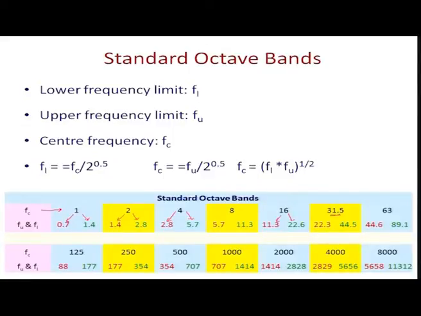When you multiply 31.5 by 2, you get 63, and multiplying again by 2 you should get 126, but rather we use 125 because we want to end up at 1000. So 31.5 is one variation, and the next variation is 125, and then 250, 500, 1000, then 2000, 4000, 8000, 16000, but the next one will not be 32,000 but 31,500, and so on.